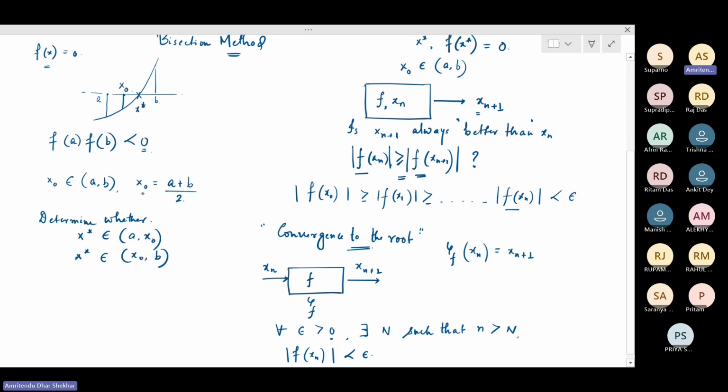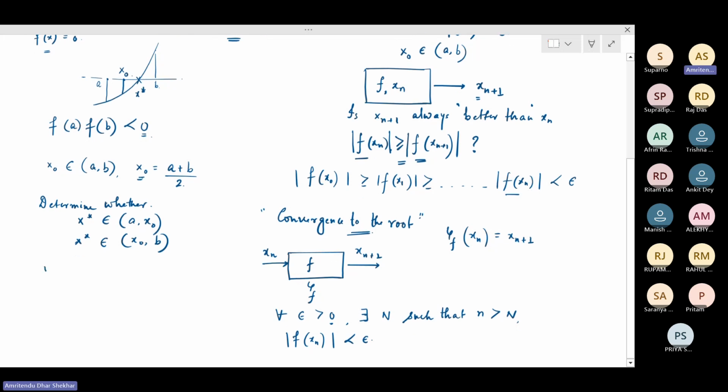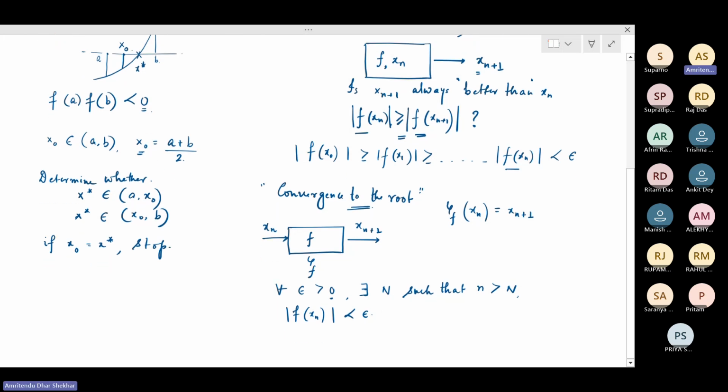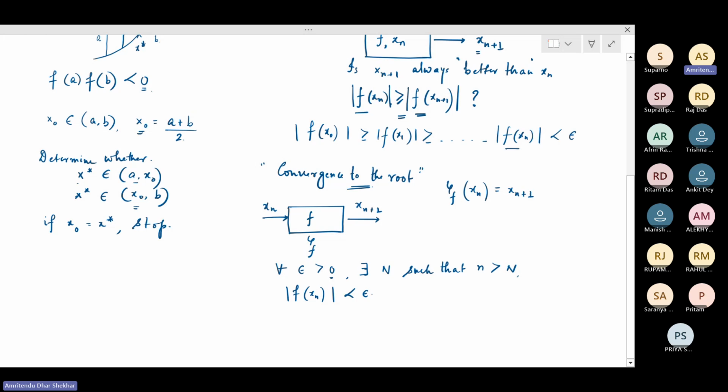If x0 is equal to x star, that is, you have found the root, then you stop. There's nothing more to do. And how do you determine whether x star lies in this or this? Well, you just apply the check.